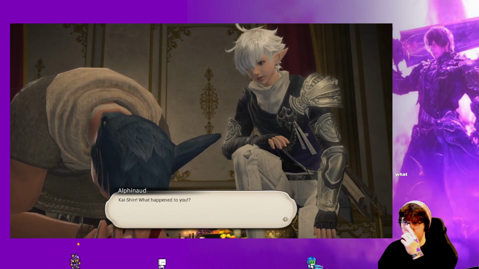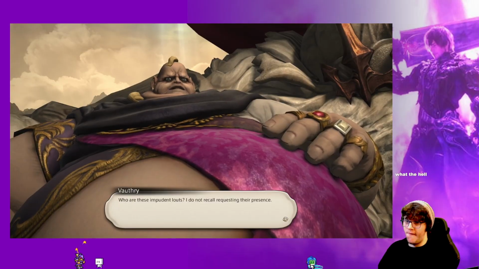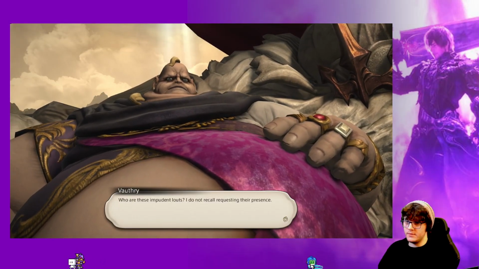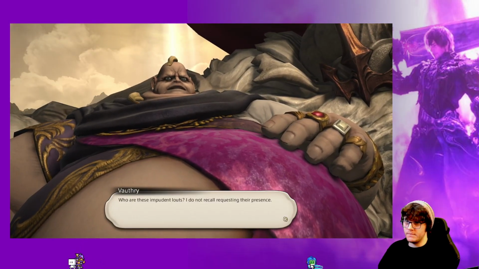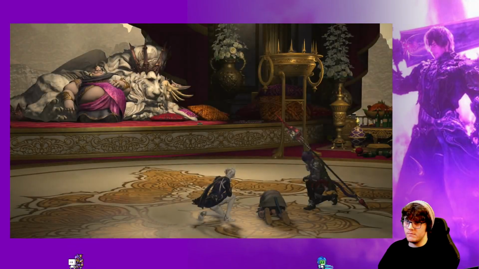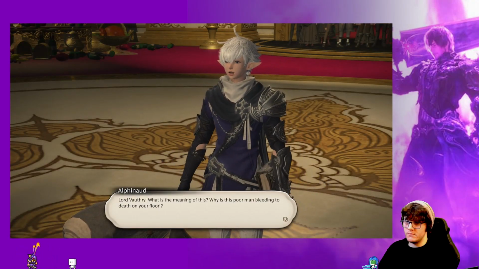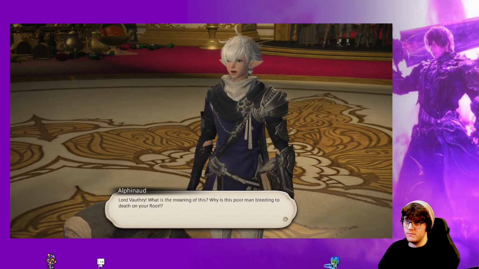What the hell? Kaishia, what happened to you? Who are these impudent louts? I do not recall requesting their presence. Lord Vothri, what is the meaning of this? Why is this poor man bleeding to death on your floor? Oh, shit.